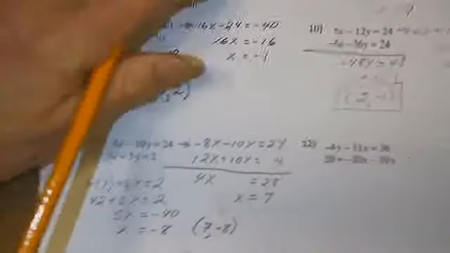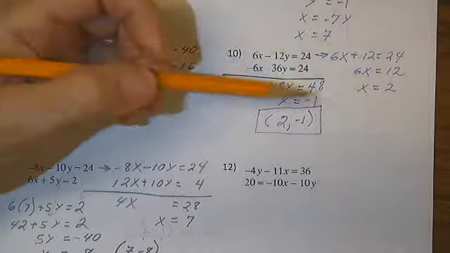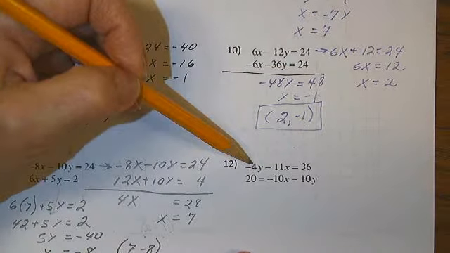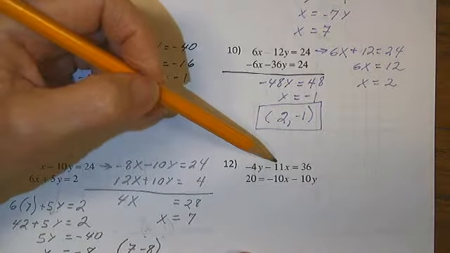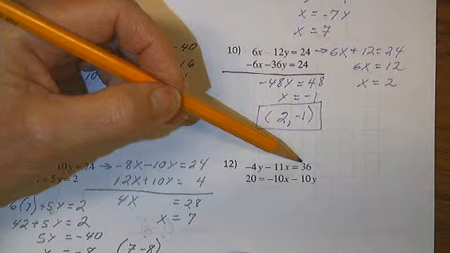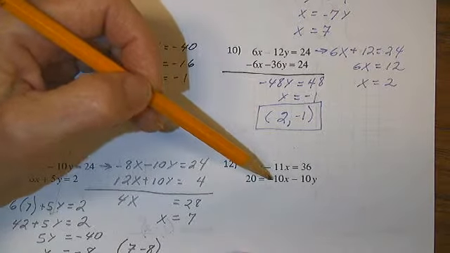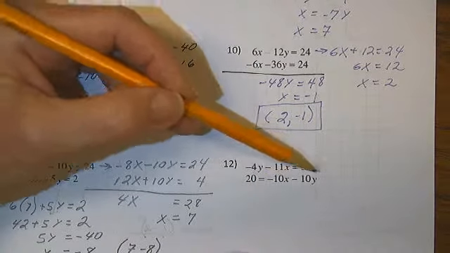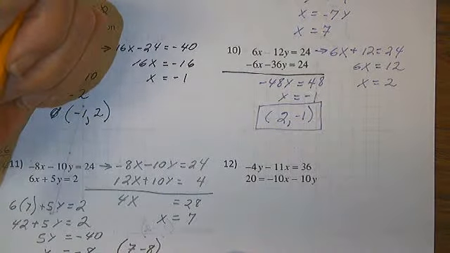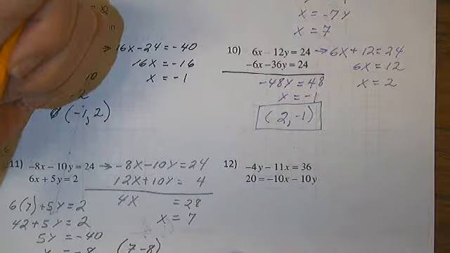Once more with feeling, we have negative 4y minus 11x equals 36, and we have 10x minus 10y equals 20. This is just ugly, but not so ugly we can't do it.